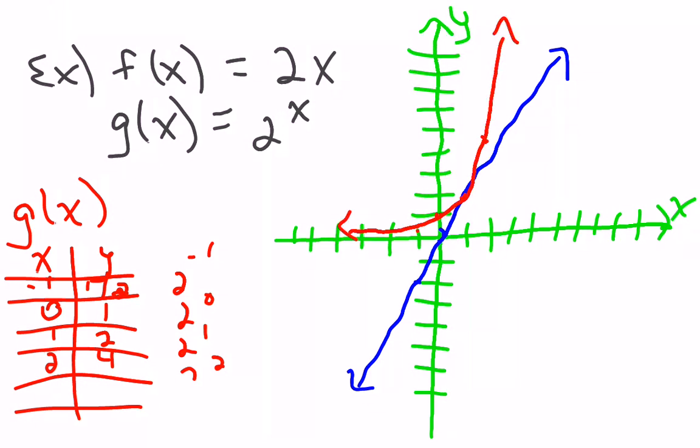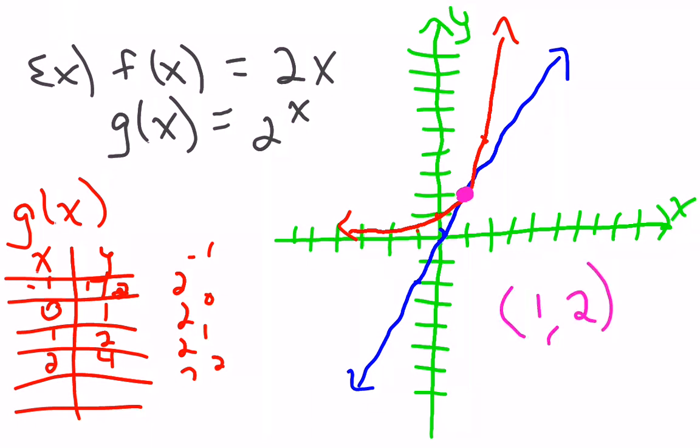There we go. All right, so what is our solution? Good question. Our solution is where they intersect. So had this been drawn on graph paper with a ruler and nice straight lines, we can see that they cross right here. And that point is at the point 1, 2.